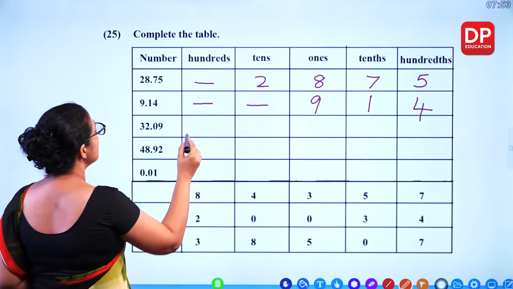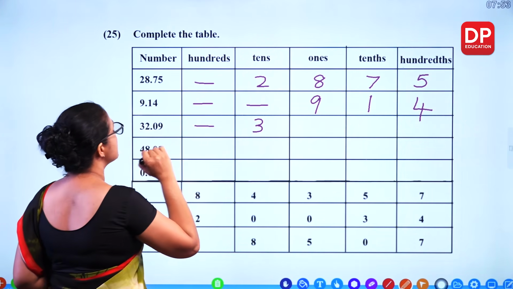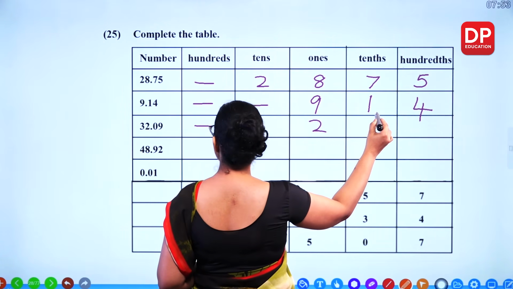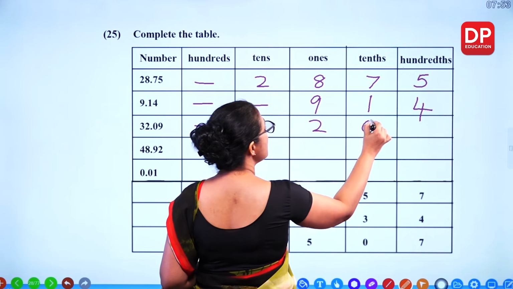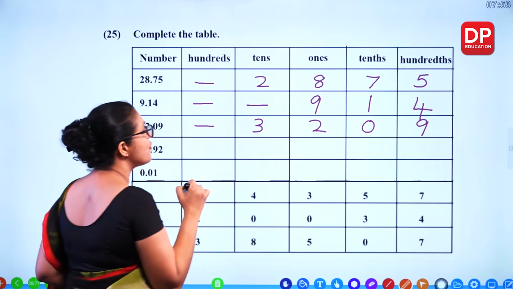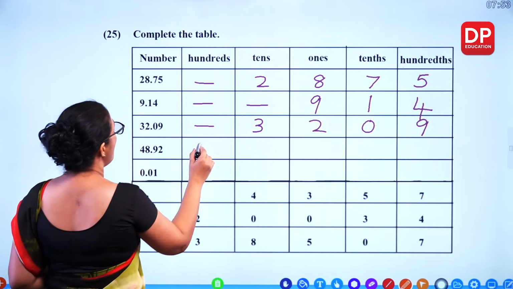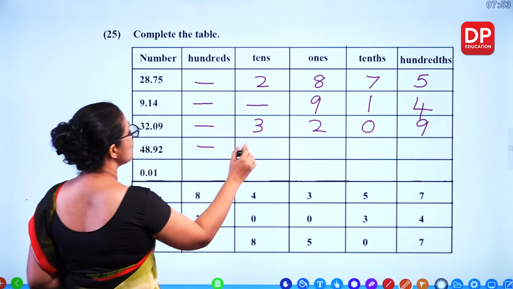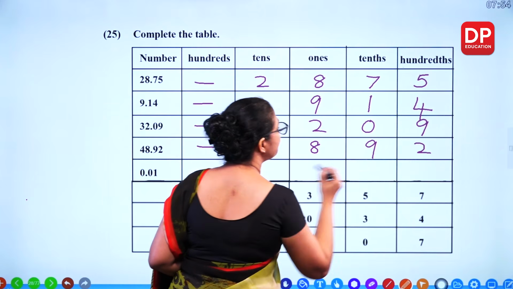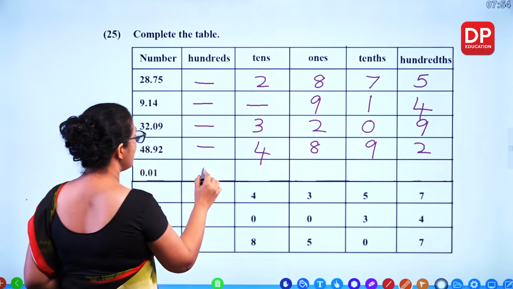32.09, nothing in hundreds, 3 in tens, 2 in ones, nothing in tenths place, so you can put 0, and 9 in hundredths place. 48.92, nothing in hundreds, so 4, 8, 9, 2. 0.01, so all these zeros.